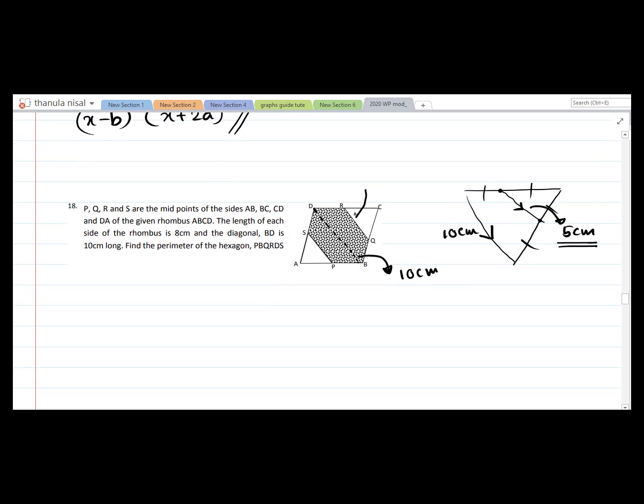Now, similarly, this one is also 5 centimeters. Again, here 5 centimeters. All these values are 4 centimeters each. Why? The length of a side of the rhombus is 8 centimeters. Therefore, each length should be 4 centimeters.